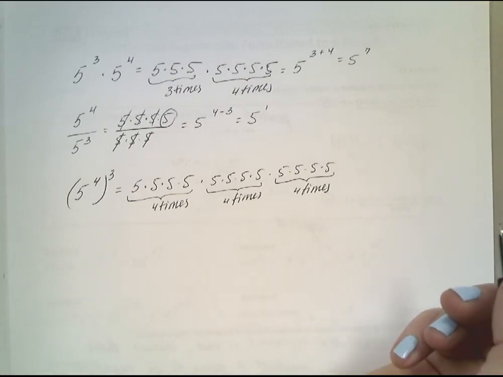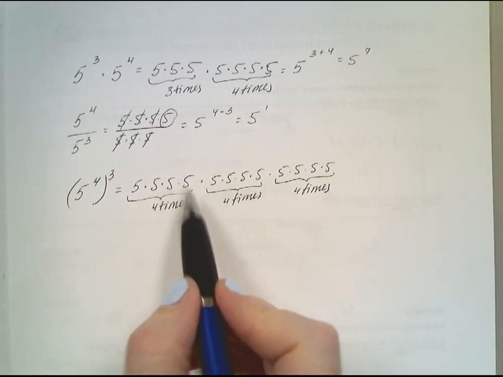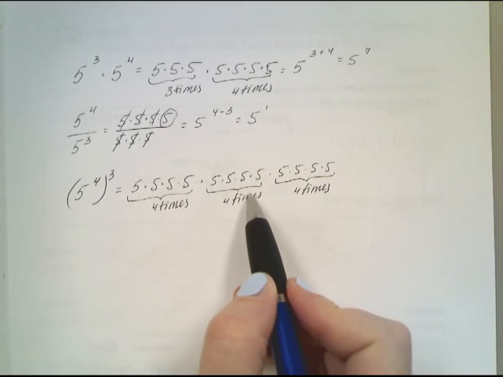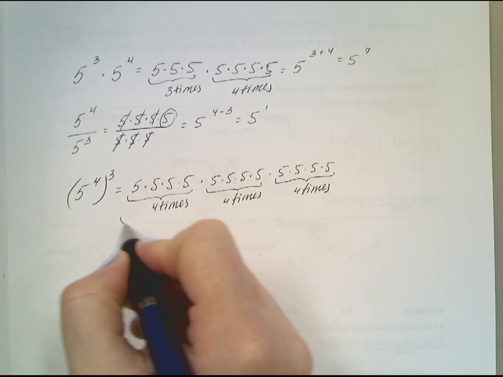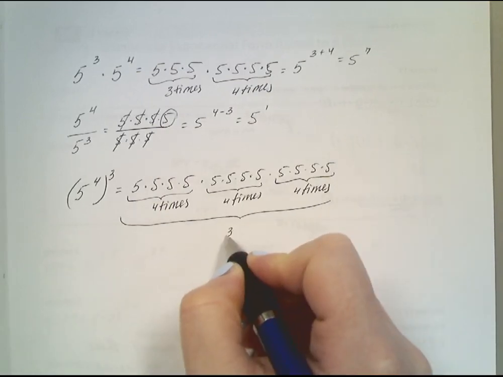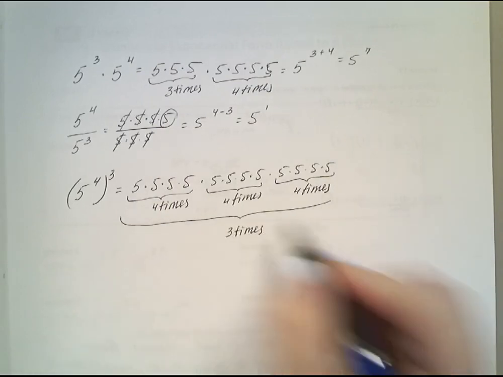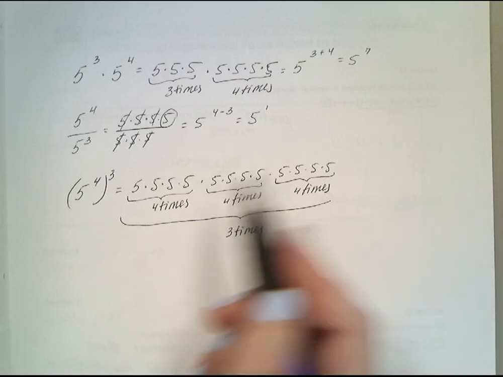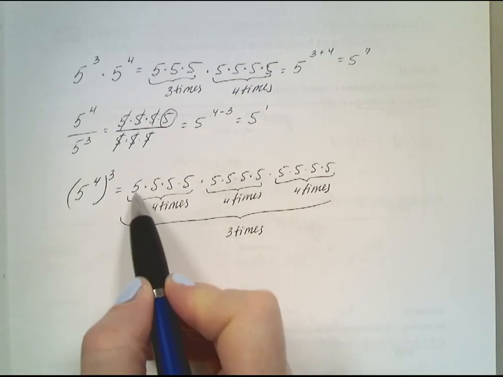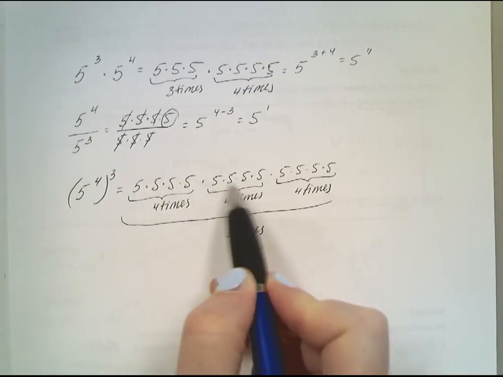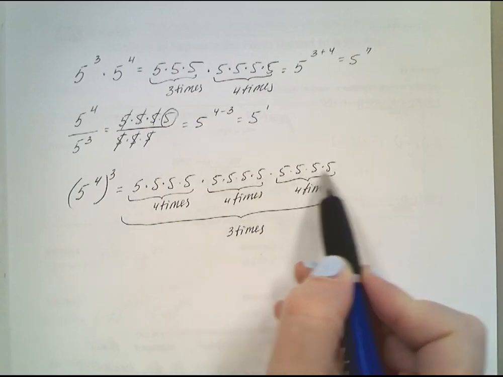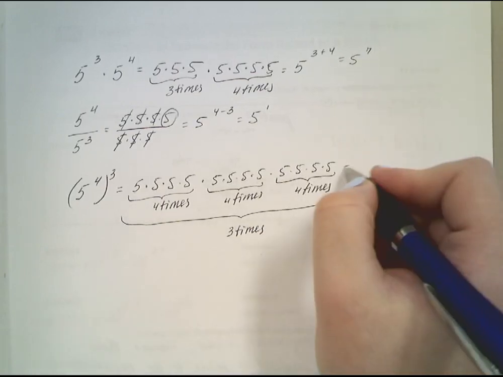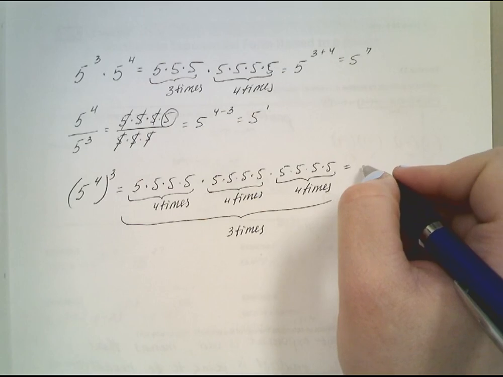Okay, so right now I have 5 multiplied by itself 4 times, multiplied by itself 3 times. So basically what that is, I have 1, 2, 3, 4, 5, 6, 7, 8, 9, 10, 11, 12 of these 5s multiplied by itself.